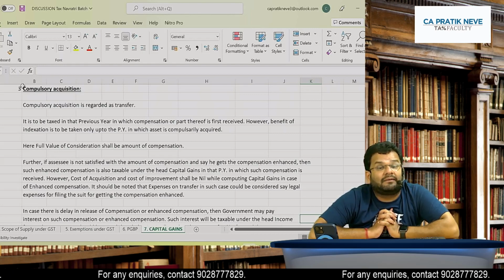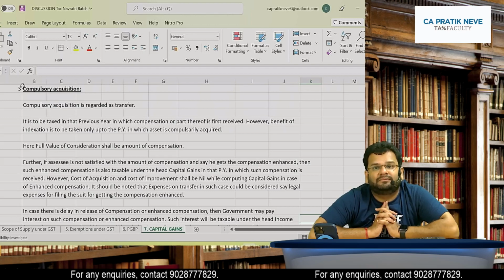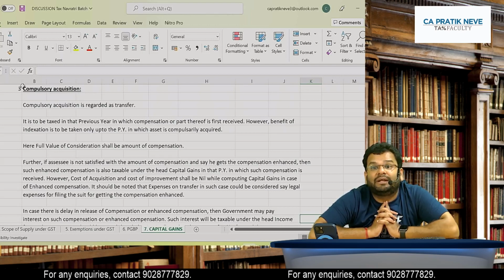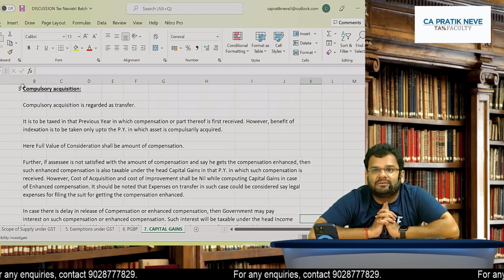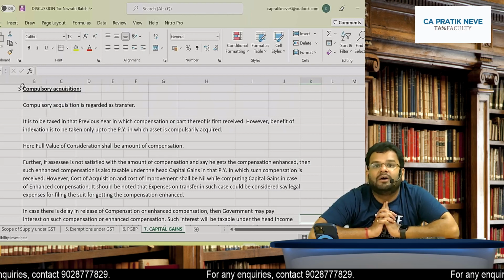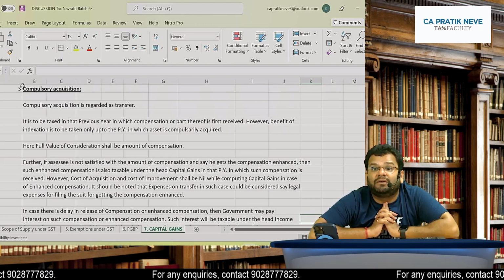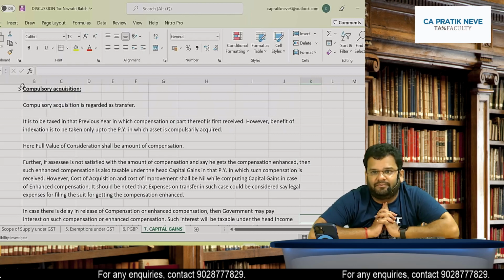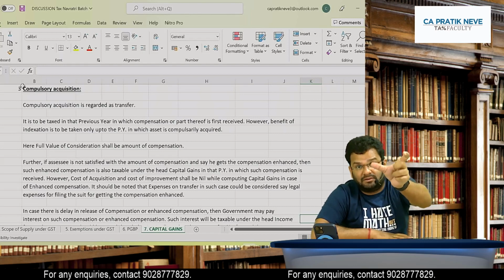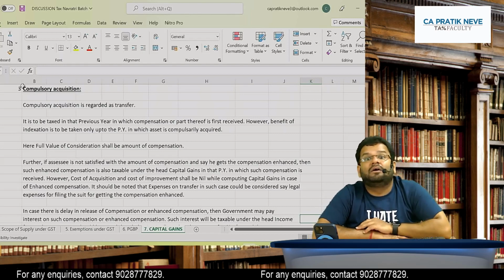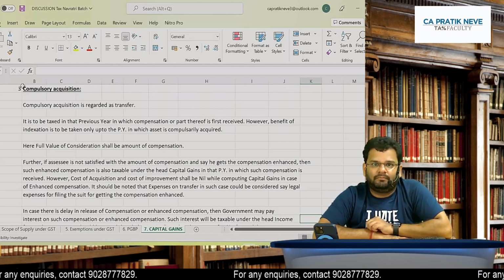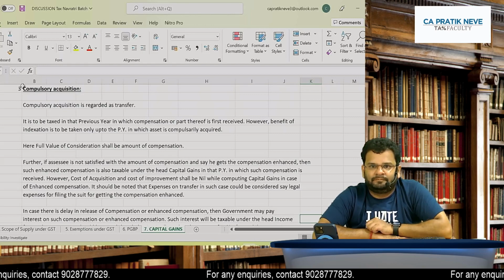Why transfer year is important for calculating ICOA? ICOA means index cost of acquisition, because it is cost of acquisition multiplied by CII for the PY in which asset is transferred, isn't it? So that year for which you are going to take CII will be 1920. Understood?